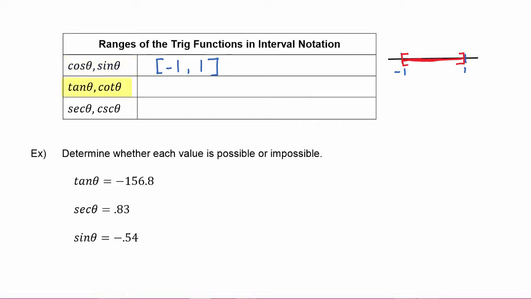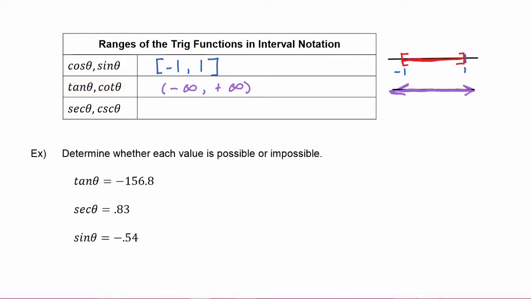Now for tangent and cotangent, the range was all real numbers, so negative infinity to positive infinity. So if we graphed their range on a number line, it would be the entire number line. Every possible value on the entire number line.